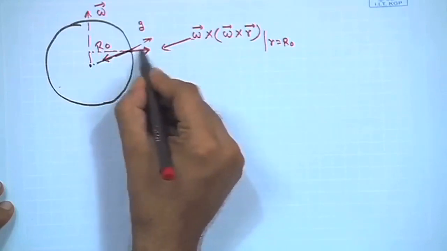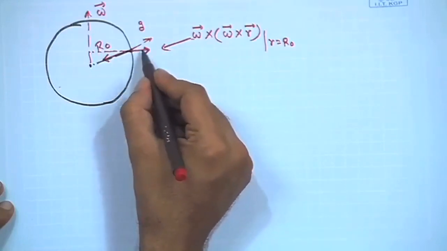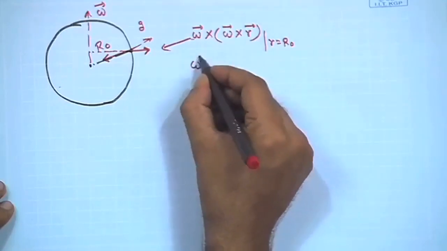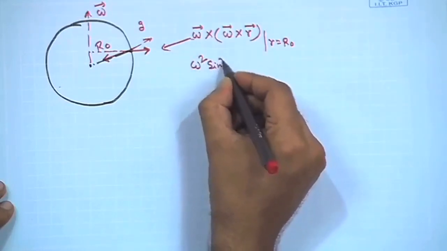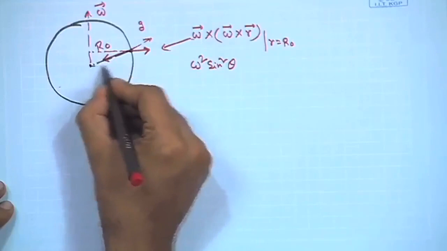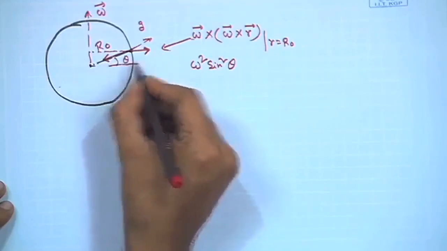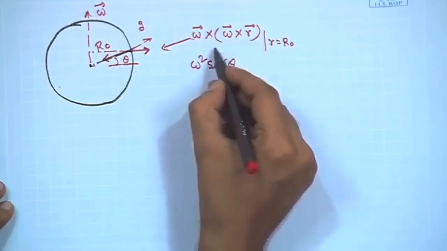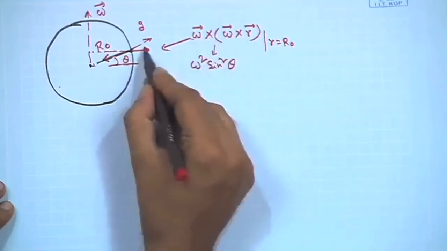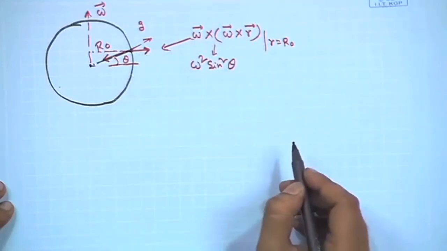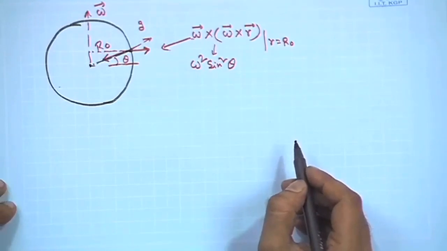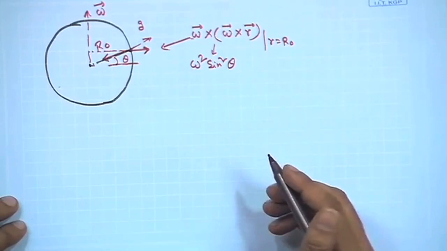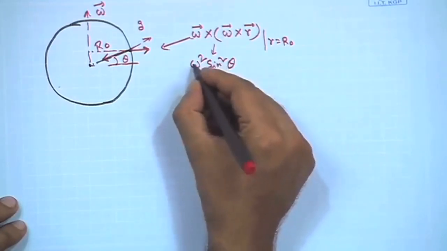Now, this force is also there, a force which is omnipresent, and the magnitude of this term will be omega square sin square theta, theta being the latitude. So, I am leaving it up to you to prove this, that omega cross r will have a magnitude of this and direction of this. So sorry, it will be omega square r cos theta.